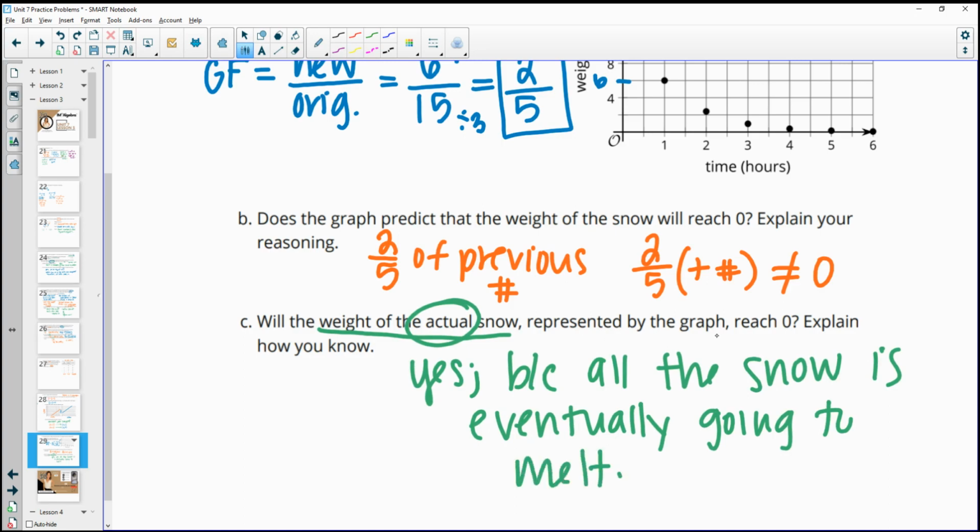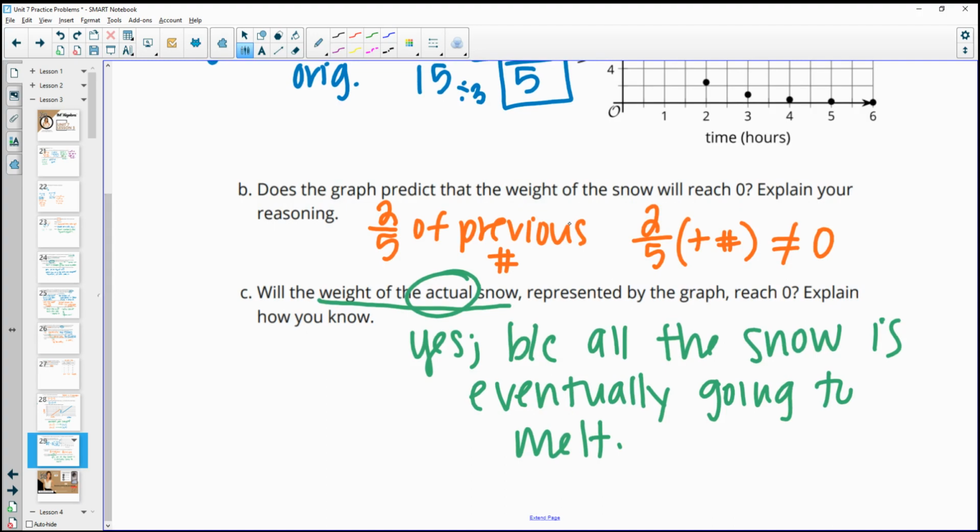It's just that this model doesn't predict it actually gets there. For all intents and purposes, it equals 0. If you continue to do 2/5, it reduces to a number that's so small that the snow is gone. But mathematically speaking, in the prediction, no. In actuality, yes. You will have 0 snow left.